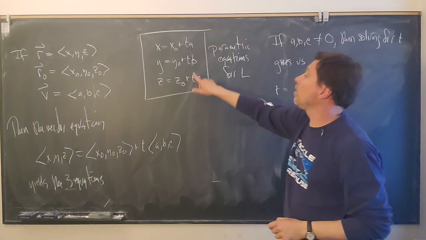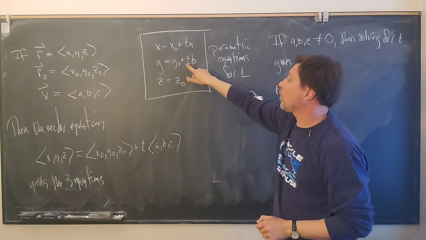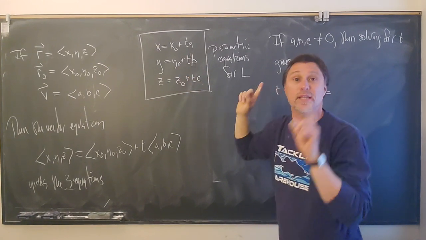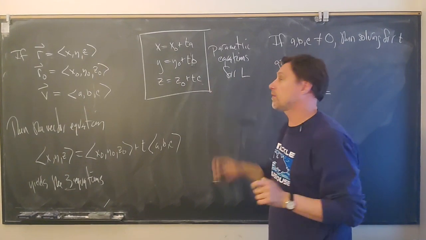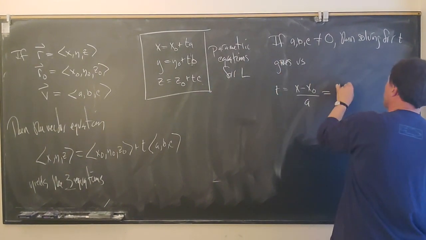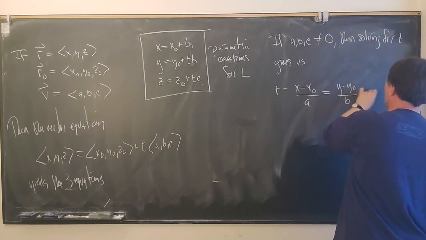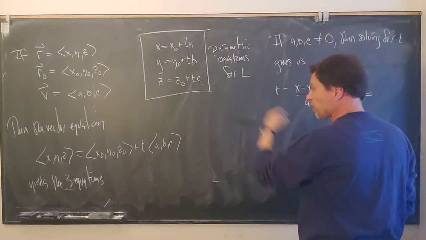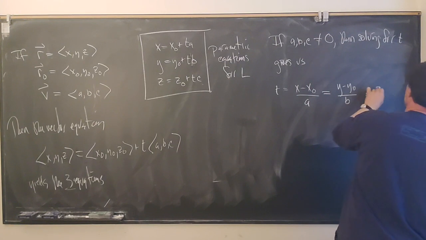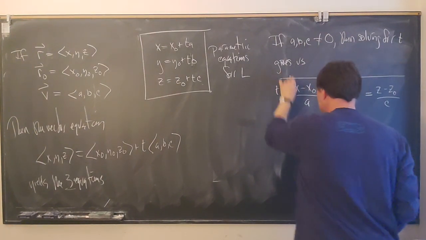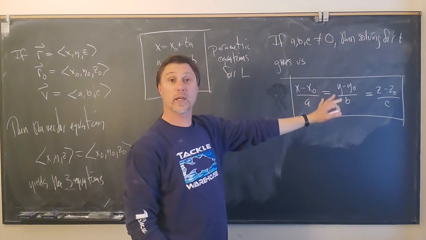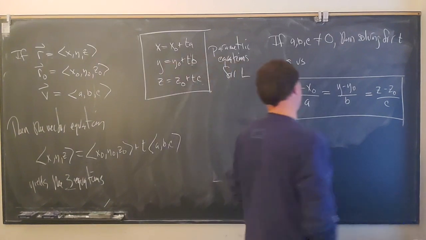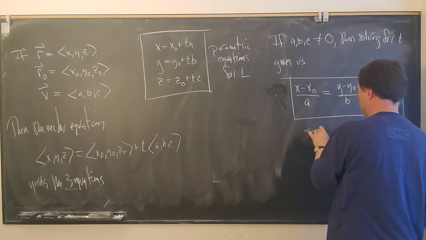If I solve for t in the second equation, I get t is also equal to (y minus y0) divided by b. If I do the same thing in the third equation, what I get is (z minus z0) divided by c. These three expressions are all equal to t, which means they're all equal to each other. These three equations right here are called the symmetric equations.